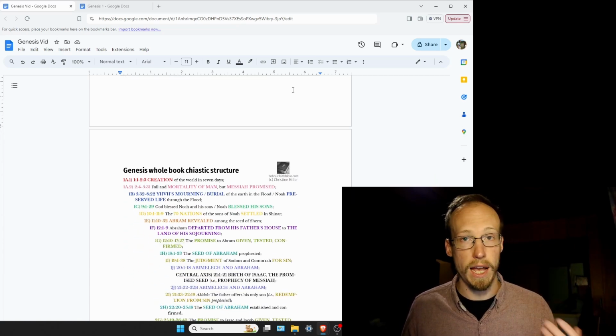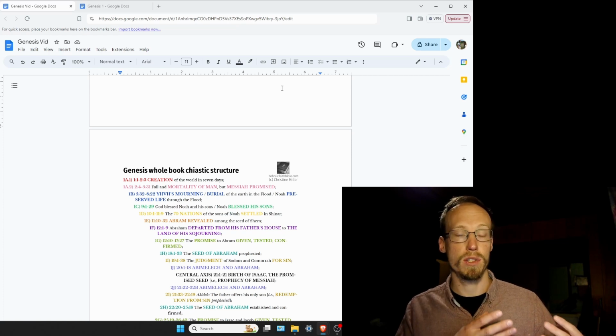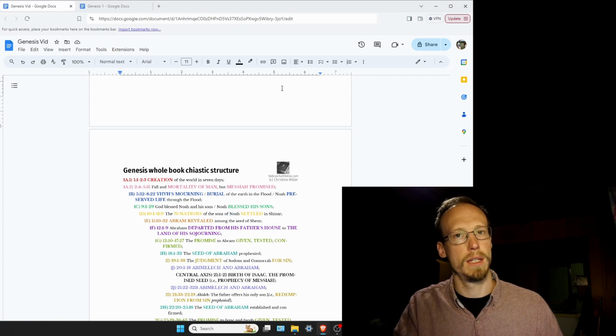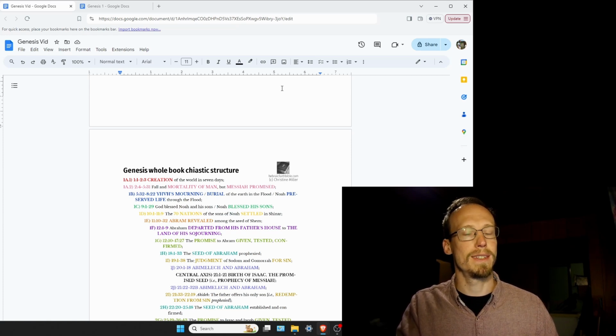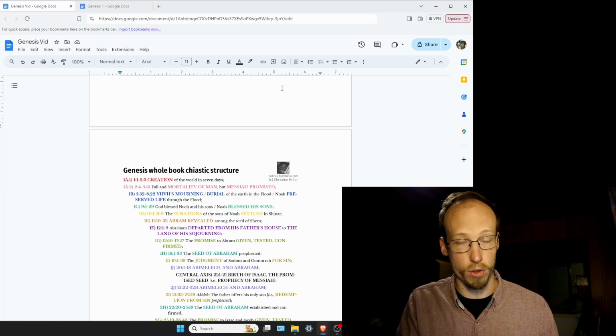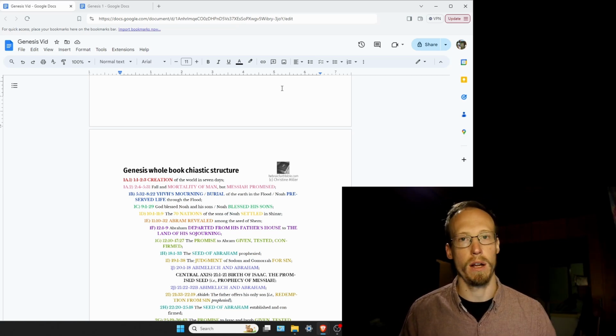So again, I'm just highlighting the amazing literary structure of Genesis 1. And these things, again, we don't hear about in Sunday school. This doesn't mean that it was inspired by God, but it does mean that there's a lot more going on in Genesis 1 than just simply reading a narrative.